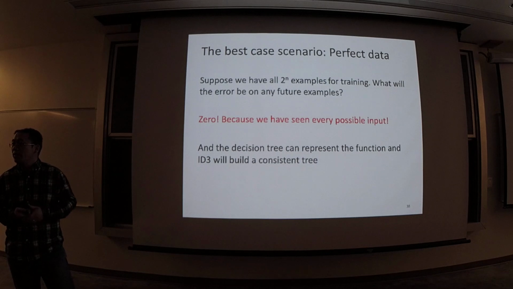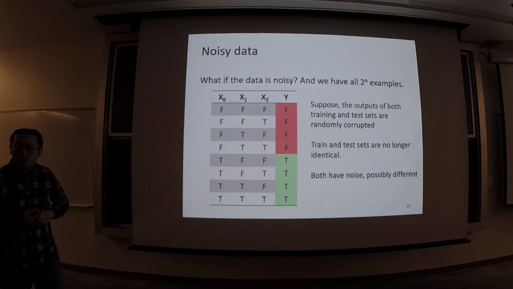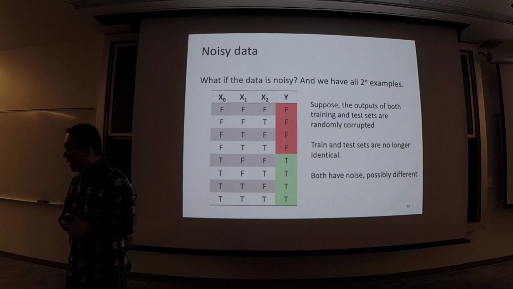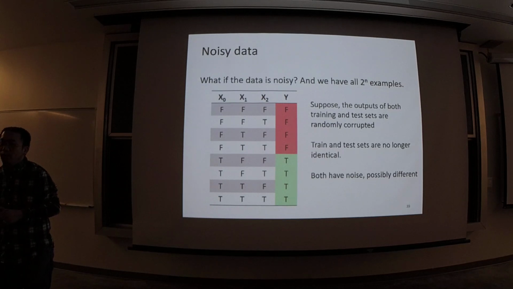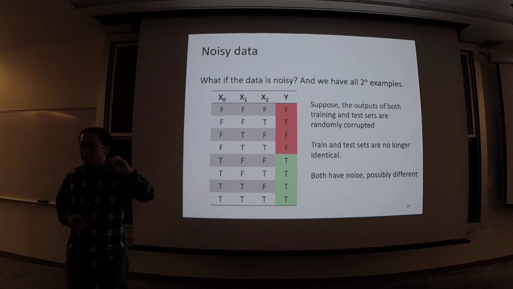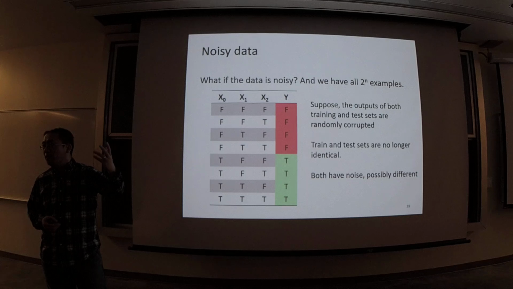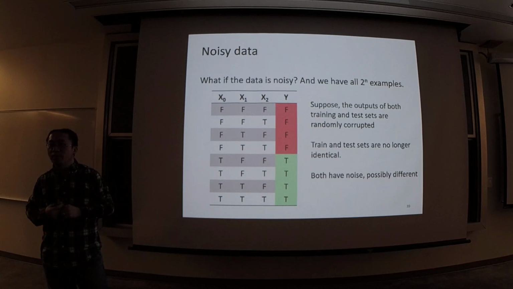But this is just the ideal case. Because in practice, there are always some noises that can corrupt both training and test examples. And when your training examples are corrupted by those noises, and you train your tree to perfectly fit your training examples, in the meantime, it will perfectly fit those noises, right?